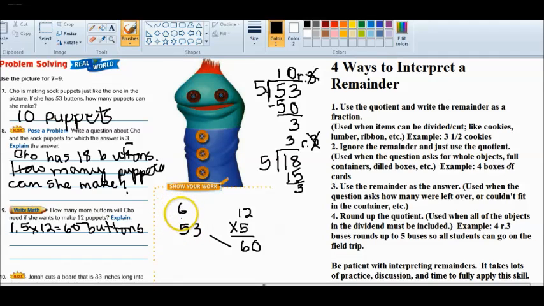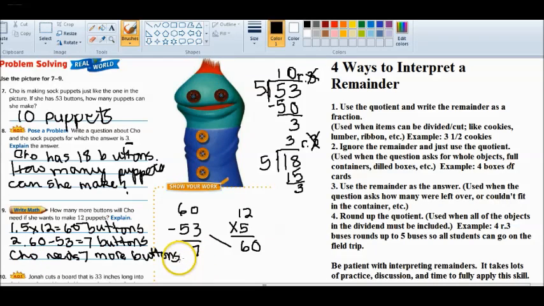So I can subtract 53 from 60, and I hope you know that's 7. Remember, when we explain we can show our work: 60 minus 53 equals 7 buttons. Then you can write it out if you wish and say, Cho needs 7 more buttons.